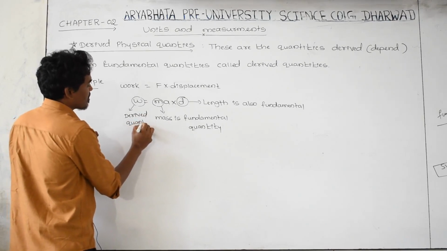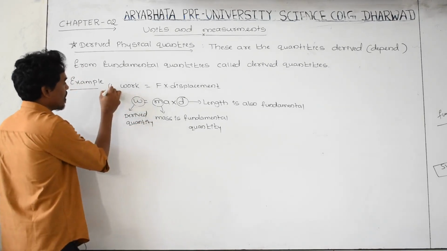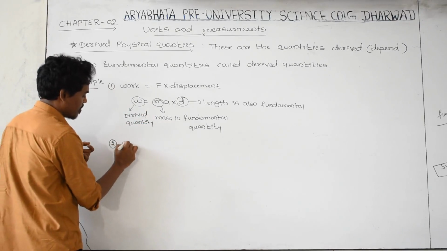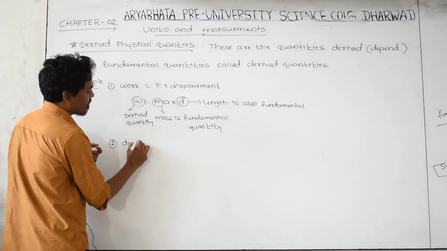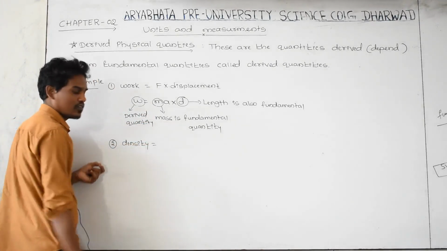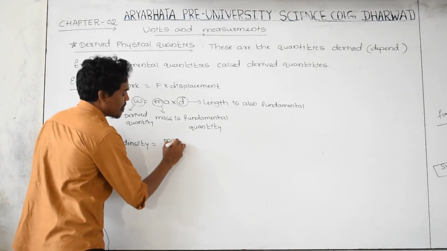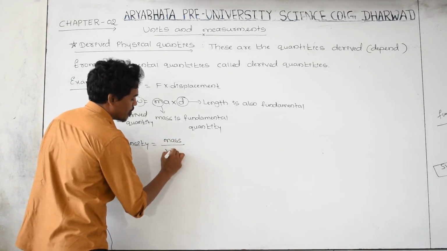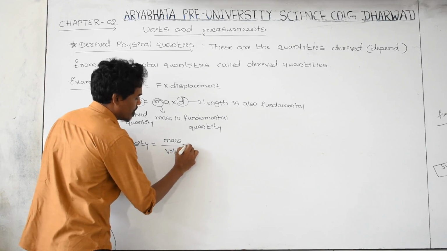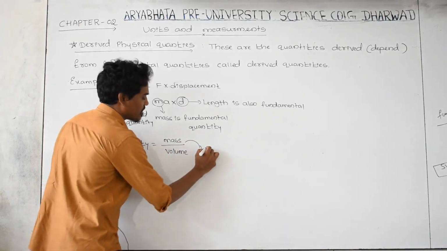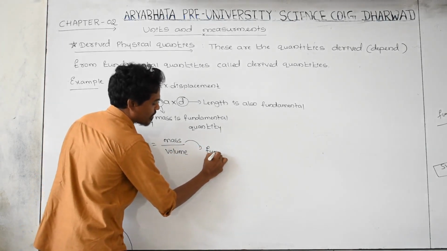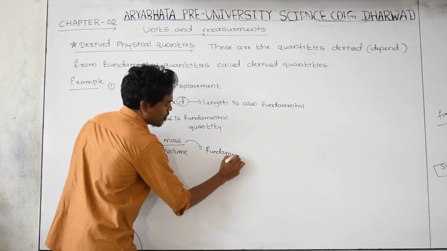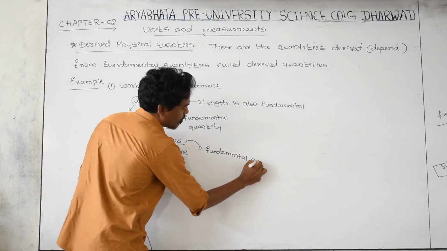And take another example, density. Density is also a derived quantity. How come? The formula of density is mass divided by volume. Here mass is m, and mass is also a fundamental quantity.